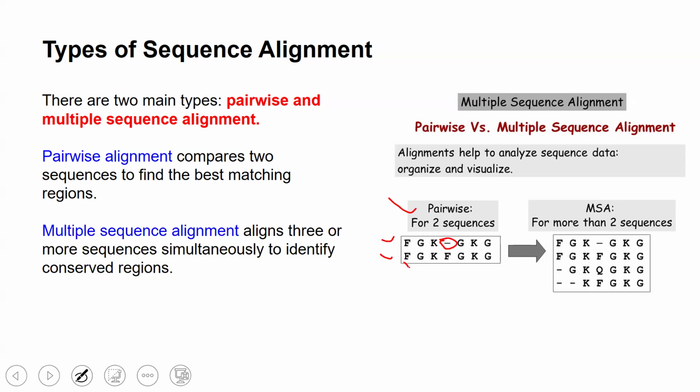And this one, if it is the normal one, you see stars like this, meaning that they are conserved regions. And for the multiple sequence alignment, whenever you align more than two sequences, that type of alignment is called multiple sequence alignment. As we can see here, we have four different sequences, and this is what you call multiple sequence alignment. So then let's look at the pairwise sequence alignment methods.